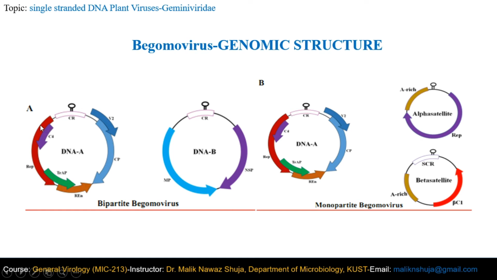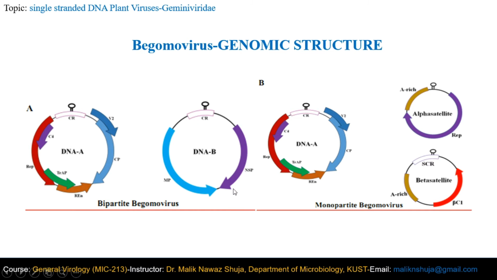In the complementary strand, there are 4 open reading frames, or genes. One is Rep, the second is C4, then TrAP, and the last one is the REn gene. In case of DNA-B, there are 2 genes.